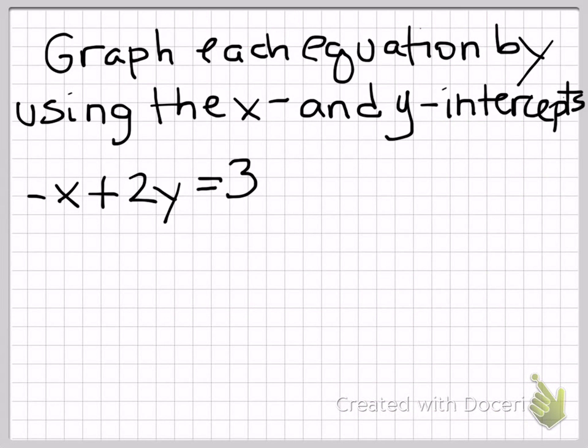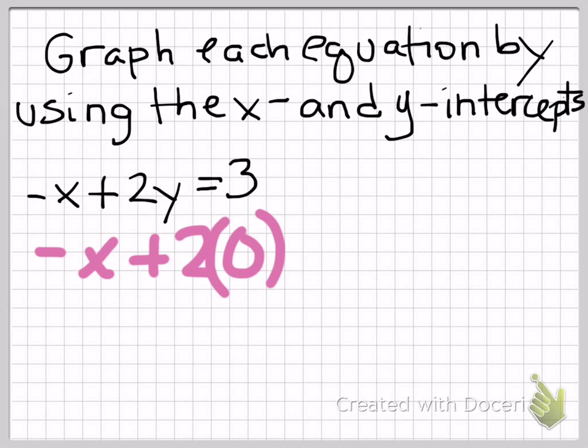Here we're going to graph the equation using the x and y-intercepts, so we first need to find them. Again, keep in mind that one is going to be 0 when you find the other one. So if I'm going to find, let's say, the x-intercept, I'm going to plug in 0 for y. So I need to find the intercepts first by plugging 0 into my equation for y and solving for x.